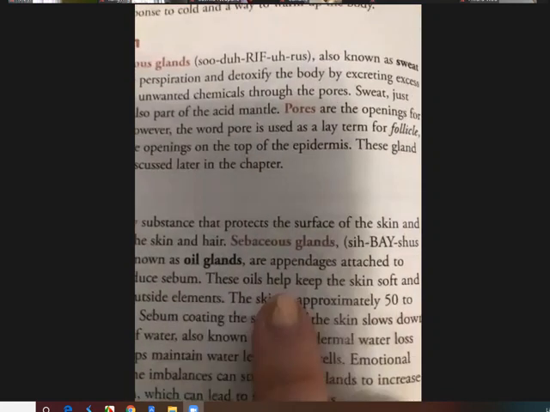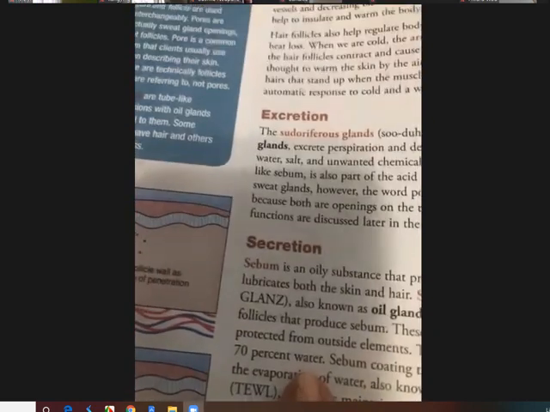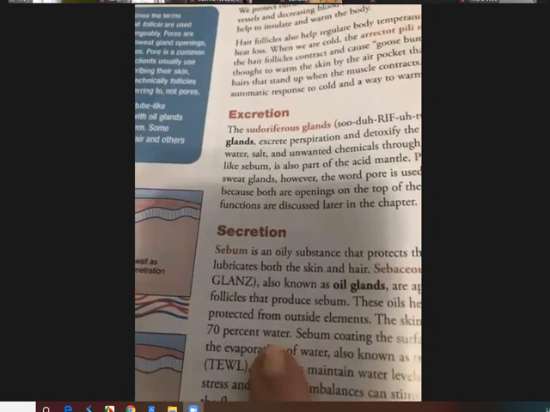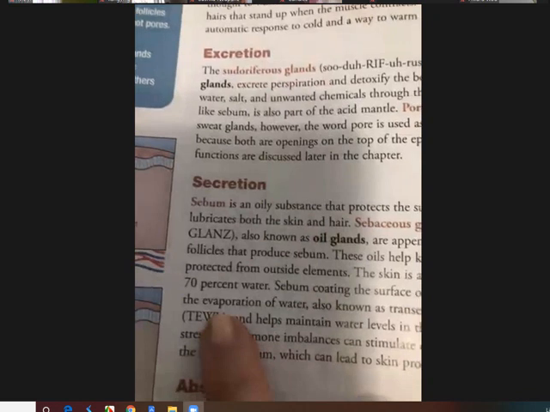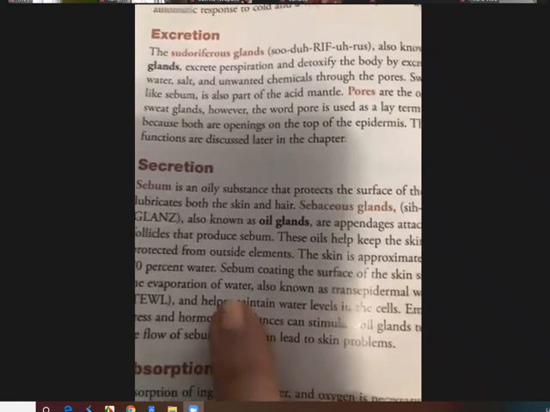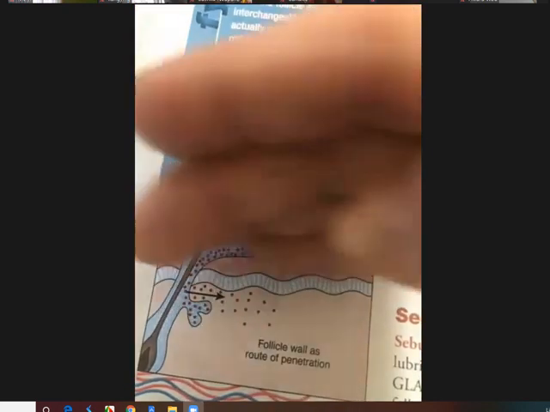The oils help keep the skin soft and protect from outside elements. The skin is about 50 to 70% water. Sebum coating the surface of the skin slows down the evaporation of water, also known as TEWL. So when there's oil, the oil blocks the water from being lost.